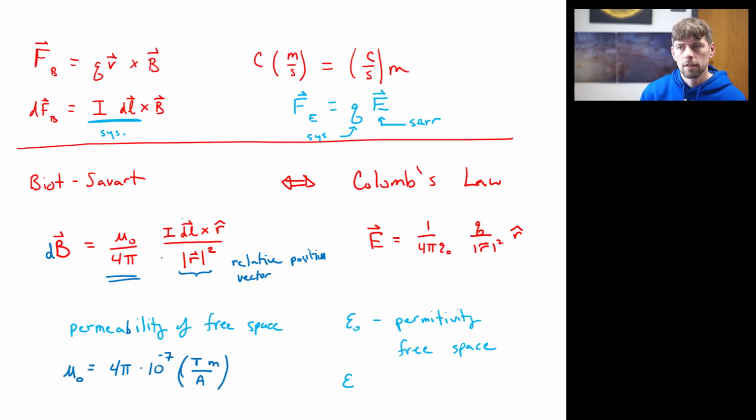Now, if that doesn't ring a bell, if you don't remember that, go back and watch the cross product videos. I'll make sure that those are posted so that you can get a refresher on how to actually calculate the cross product. So that is the big difference between the law of Biot-Savart and Coulomb's law.